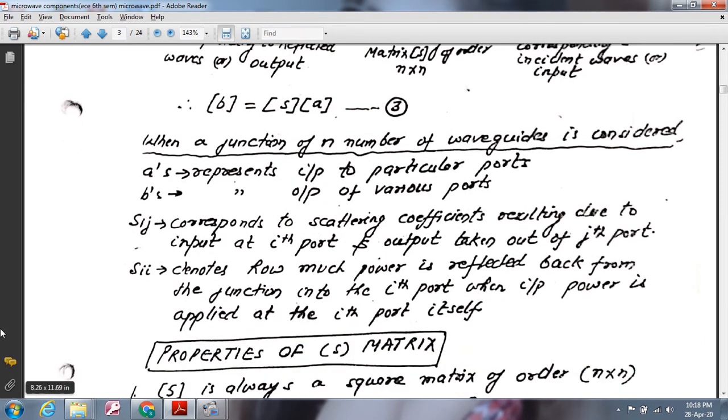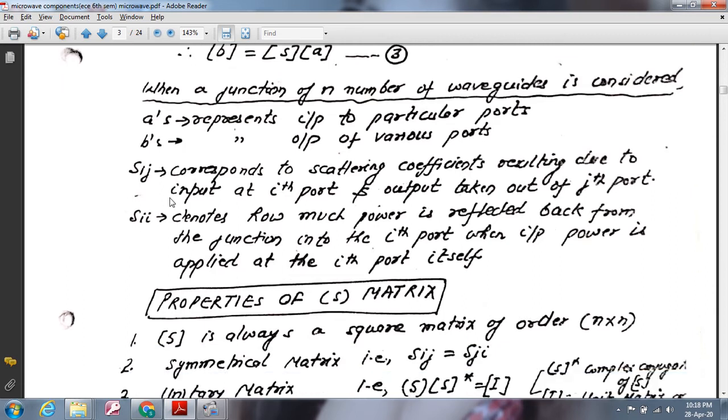Now when a junction of n number of waveguides is considered, in this case A represents input to a particular port, B represents output at various ports. Now here Sij corresponds to the scattering coefficient resulting due to input at the ith port.